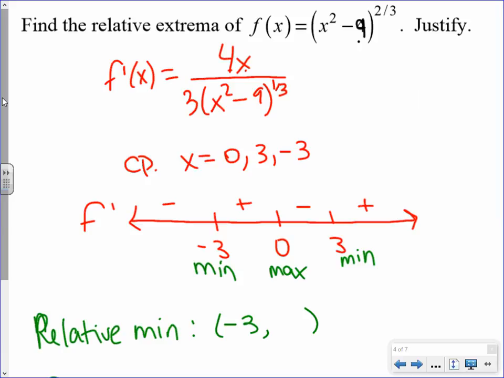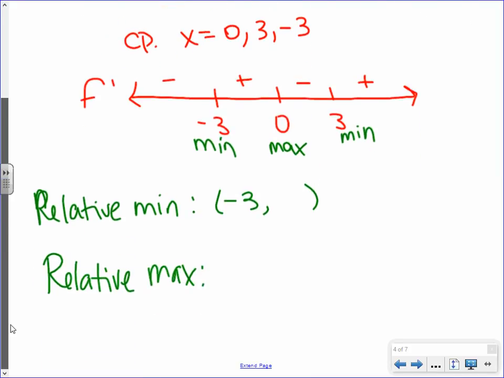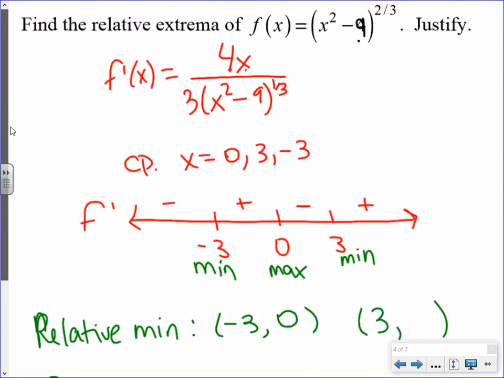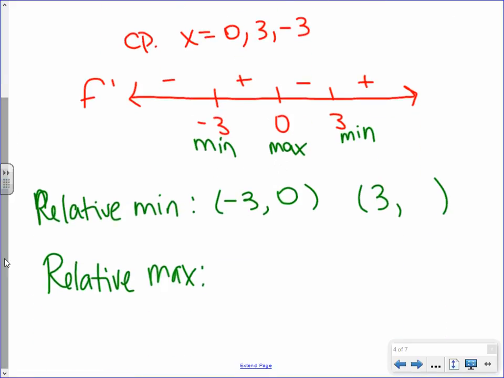Minus 9? So negative 3, 0 is our relative minimum. We also have a relative minimum at x equals 3. So it's going to be what? That's also 0, right?